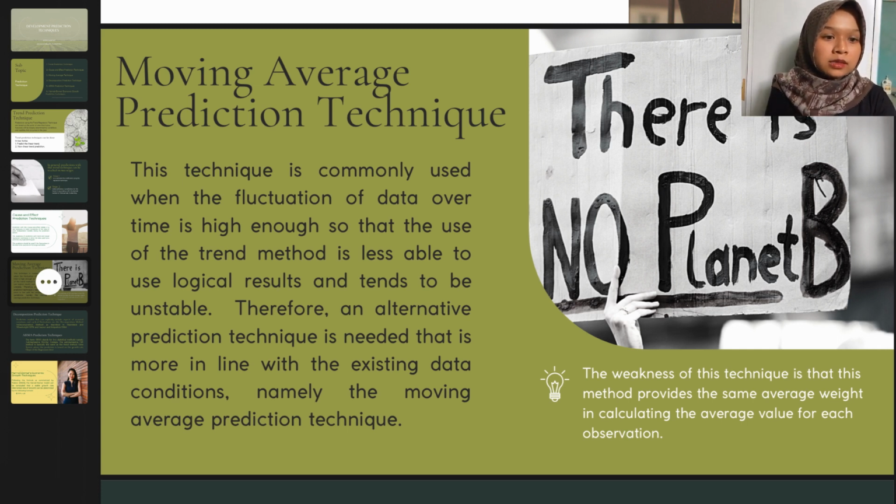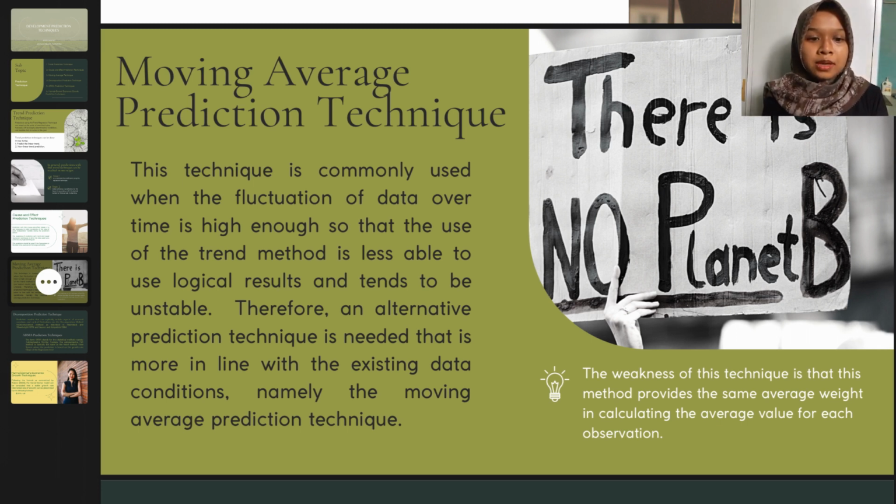Therefore, an alternative prediction technique is needed that is more in line with the existing data condition, namely the moving average prediction technique. This prediction is based on the average value of several years ago, then moved forward to make a prediction for the next time period.